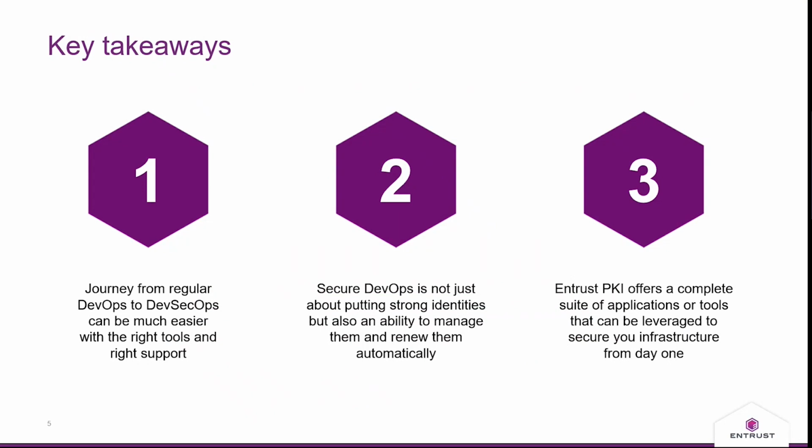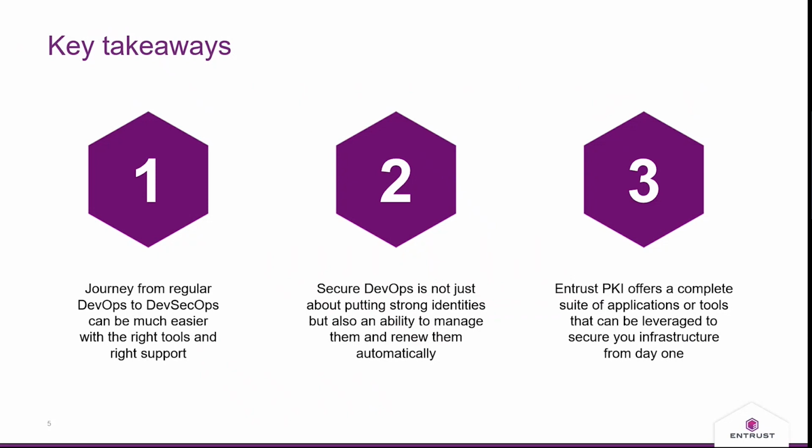So some of the key takeaways from today's session. First thing is that moving from a regular DevOps to DevSecOps is not challenging at all if you have the right set of tools available. Apart from providing highly scalable and highly resilient solutions for the PKI needs, Entrust also works on providing certain tools which you can leverage to make this journey as easy as possible without requiring in-depth PKI knowledge or cryptographic knowledge.